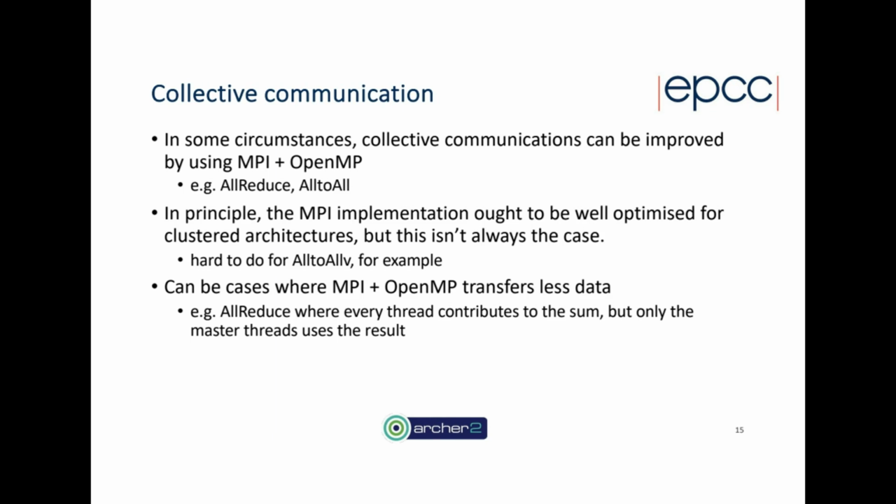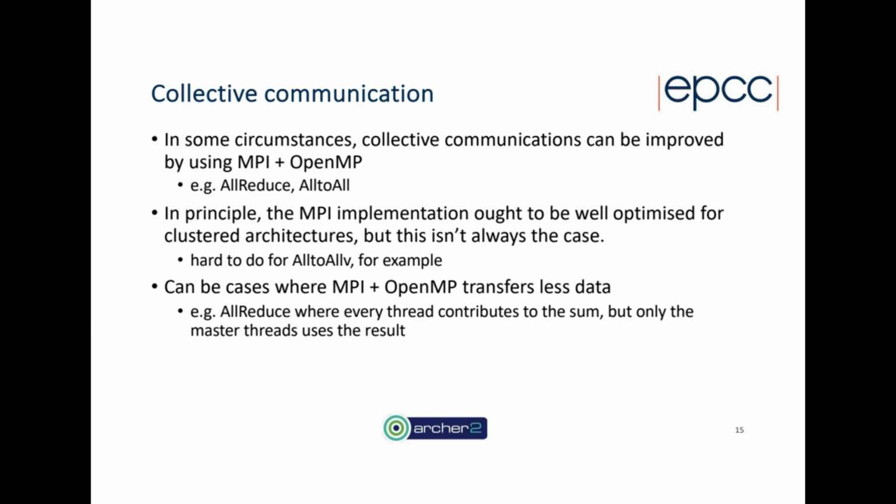So there are actually a lot of variables involved in a collective communication, and choosing the optimal algorithm for every single case is actually quite hard. So, although MPI implementations do try quite hard to optimize their collectives, they don't necessarily come up with a good solution in all cases.